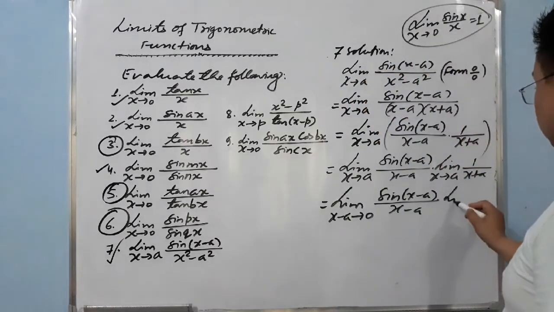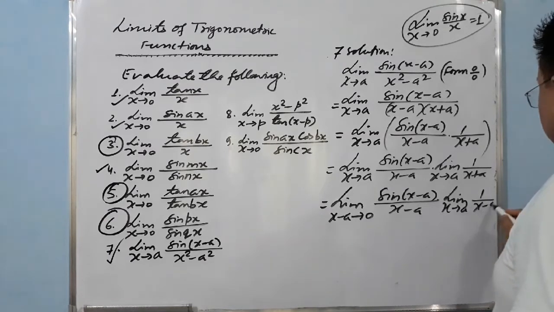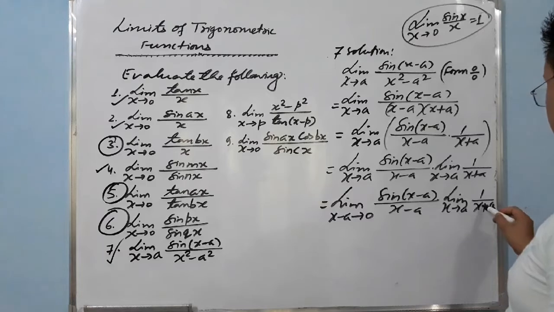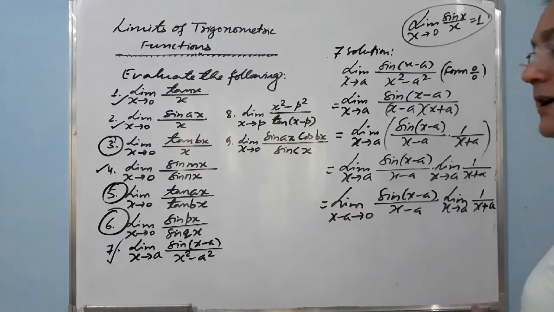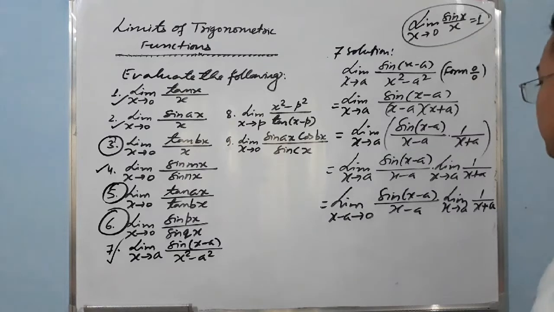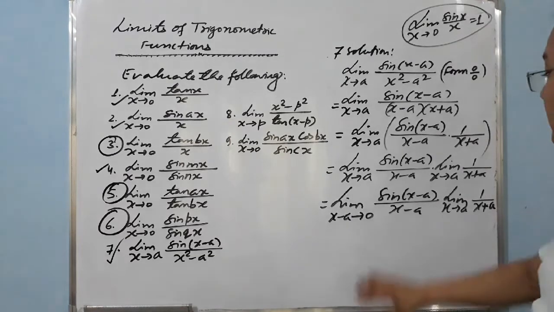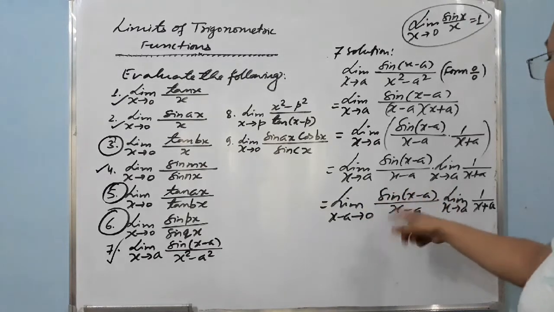So again I'm going to repeat this line, 1 upon x plus a. Now everything is in the right position. Now we don't have any problem, and this is in theorem form.